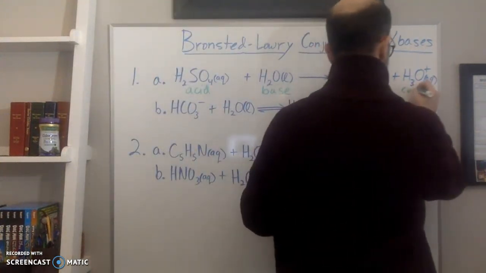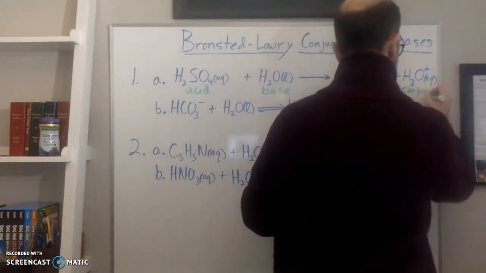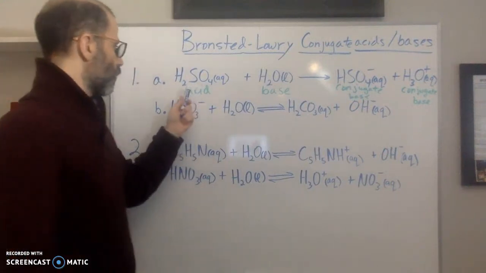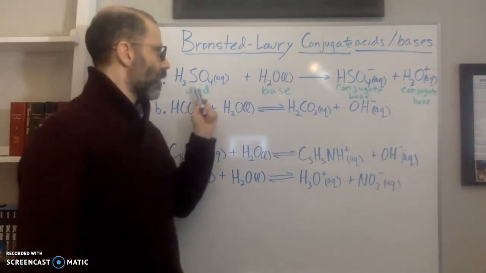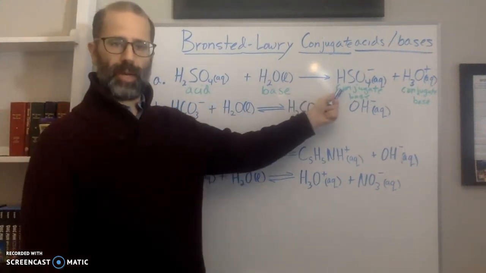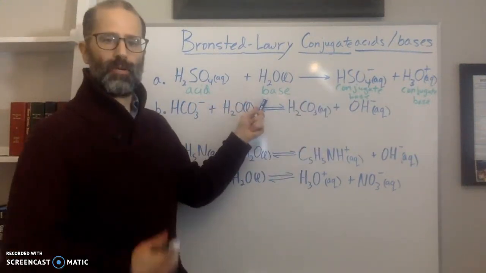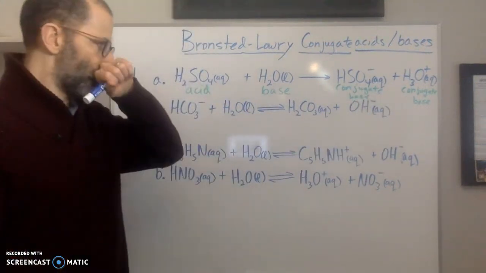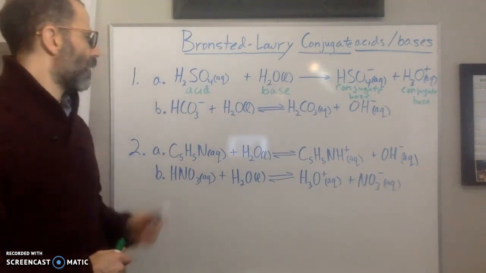So this would be the conjugate acid. Whatever forms from the acid is the conjugate base. Whatever forms from the base is the conjugate acid. All right, what about the next one?